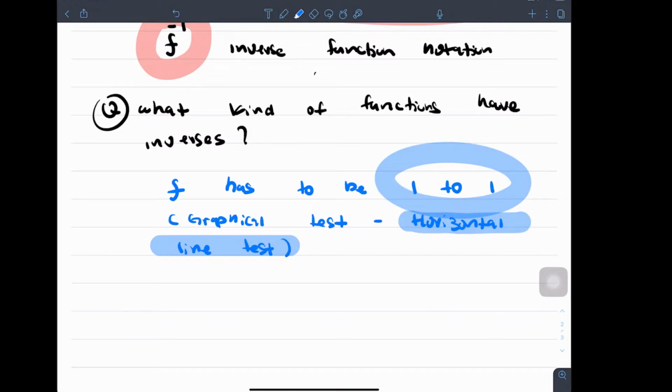What kind of functions have inverses? Ones that are 1 to 1 by the horizontal line test. So there are a lot of functions that fail, if you guys remember.